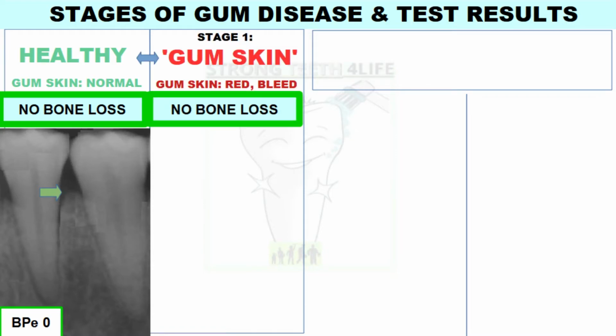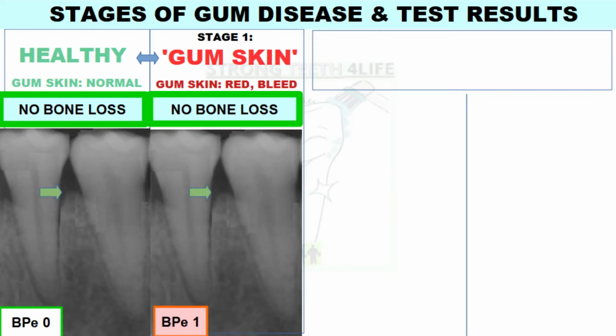Stage 1 of gum disease, where the gum skin is red and bleeding with no bone loss, shows normal X-rays with normal levels of bone, but a BPE score of 1.